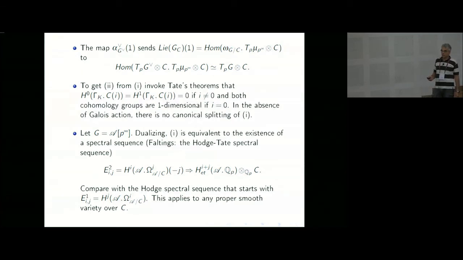The Hodge-Tate exact sequence is obtained from a very general Hodge-Tate spectral sequence that applies in many, or actually in any other situation known to us today, and not only in the case of abelian varieties or p-divisible groups. So this is the beginning of a big theory.